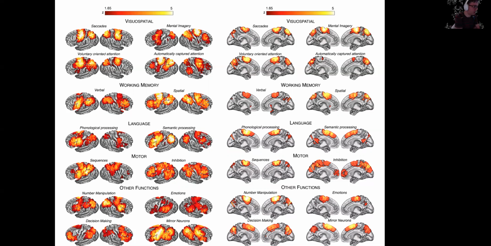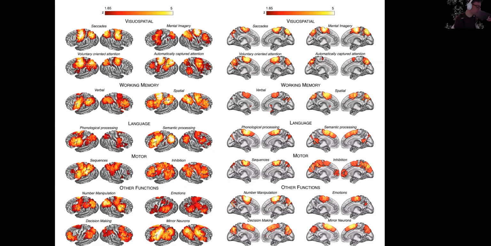You have working memory, whether verbal or spatial; language, which involves phonological and semantic processing; sequences and inhibition for the motor tasks; and other functions that I couldn't put in a subgroup, such as number manipulation, emotions, decision-making, and mirror neurons. All these functions co-activate the frontal and the parietal lobe.